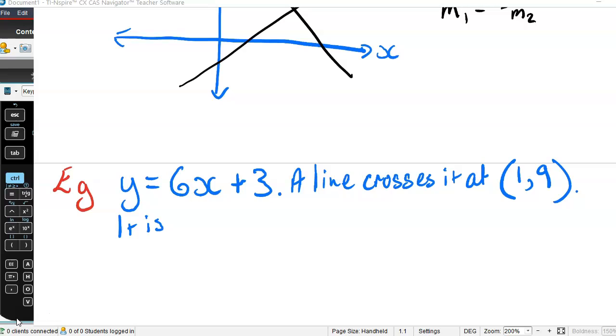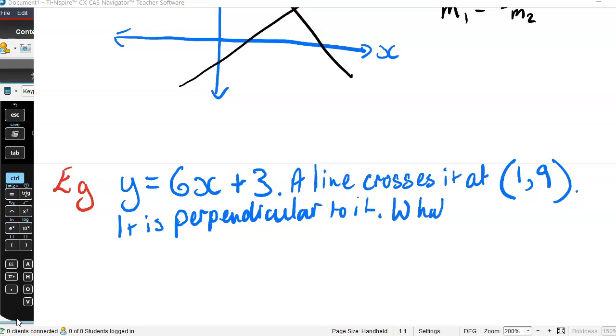It is perpendicular to it. What is its equation?